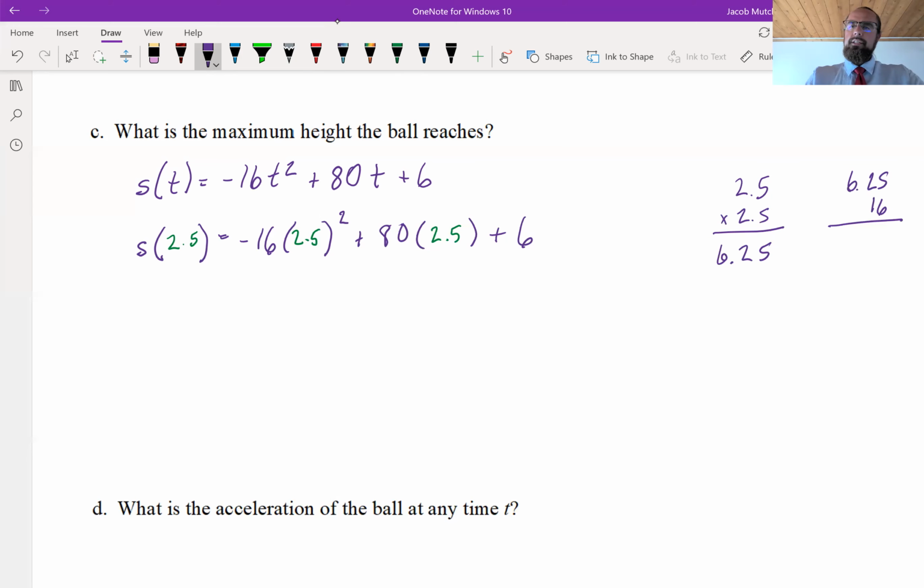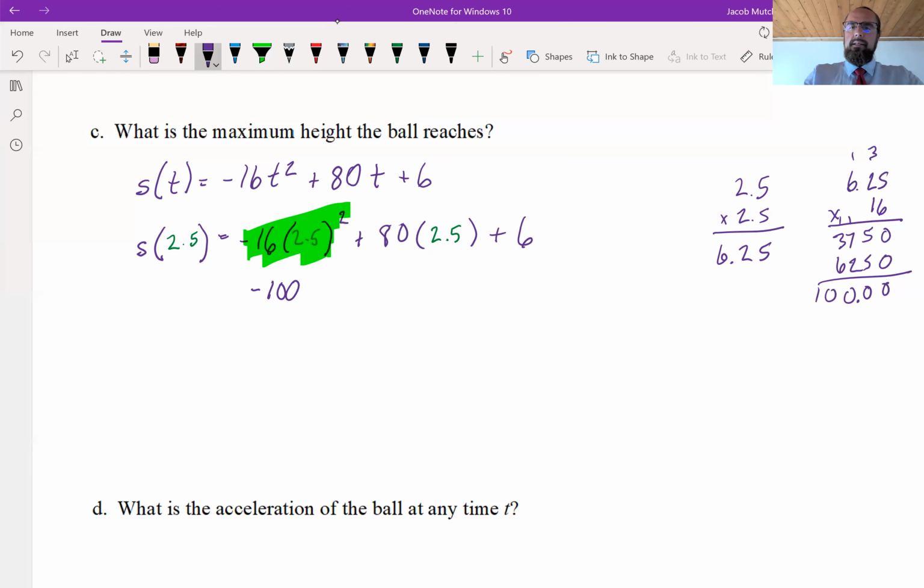So again, I'm just taking care of that first term here. So we'll multiply times 16, and add it all up. That looks like we got 100 there. And that's actually going to be negative. So that's negative 100.